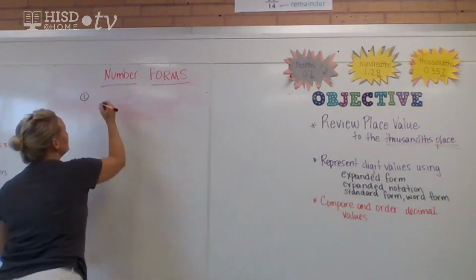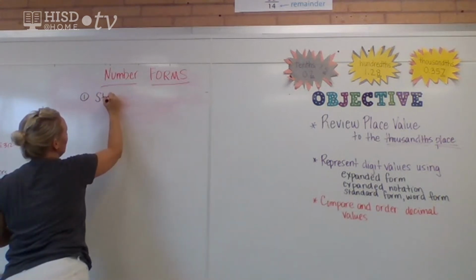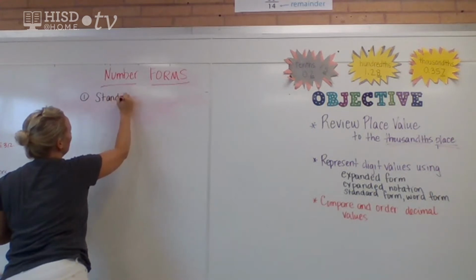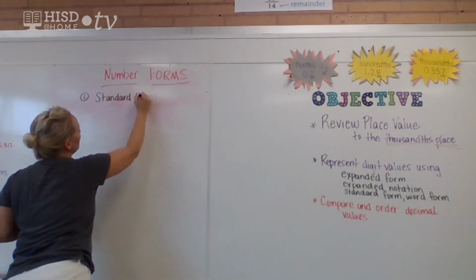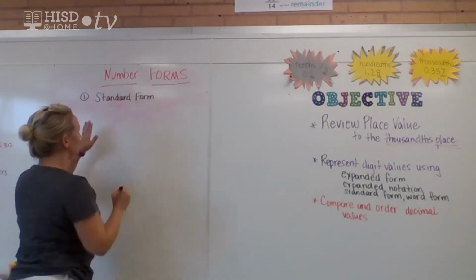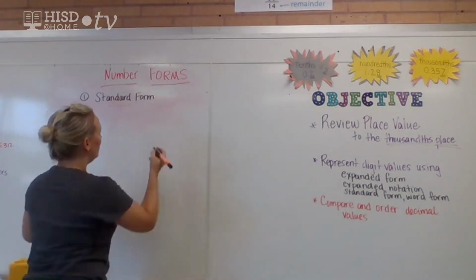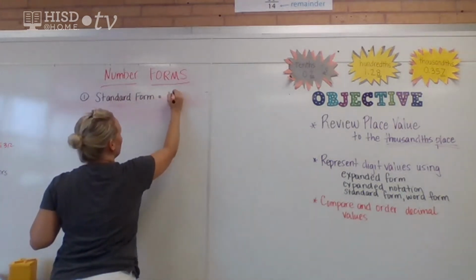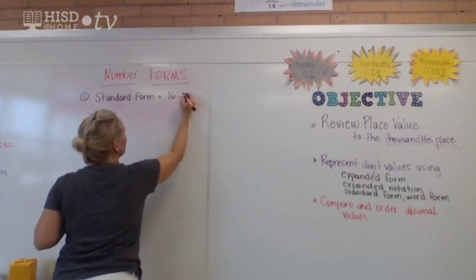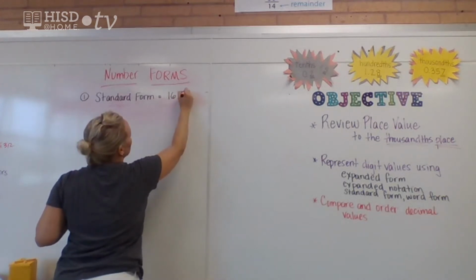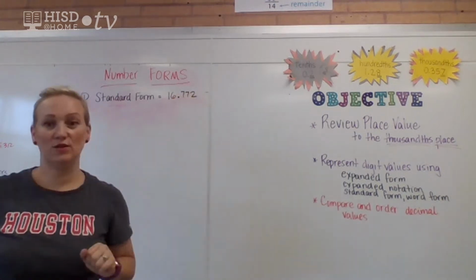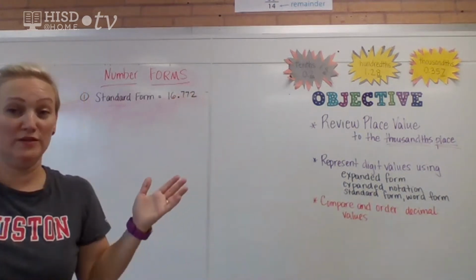Okay, let's write standard form, okay? Standard form. And for the standard form, I'm going to use the number 16.772, okay? That's our example. I just made that up, no big deal.